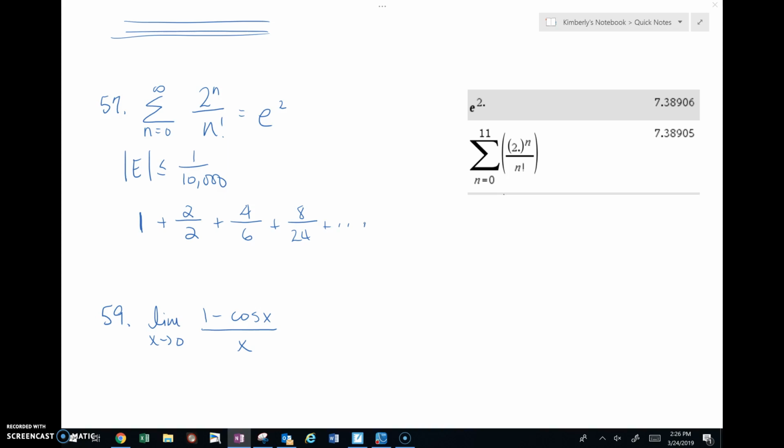If we were to create this series with a chart, and we don't have to, we would have 0, 1, 2, up to n plus 1. Thank goodness this is e to the x, so all the derivatives are e to the x. When we're creating this series centered at 0, we evaluate this at 0.